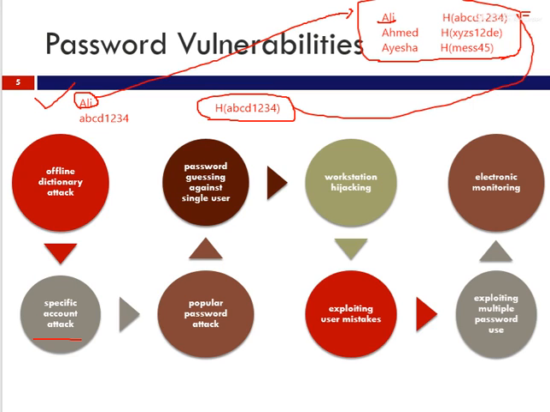You know that, okay, ABCD1234 is one of the popular passwords. You know that this is a popular password, but you don't know which user has this password. So you use the same password and guess different user IDs: admin ABC1234, or if you know some other usernames in the network, you can try all possible usernames one by one with the same password. So it's like a variation of the specific account attack.